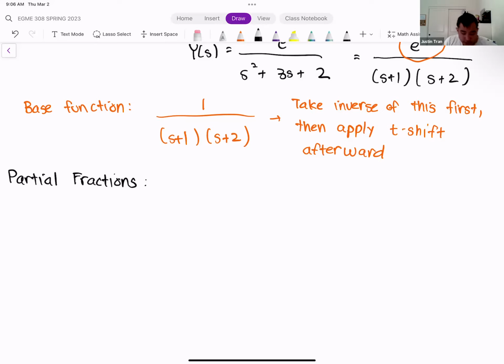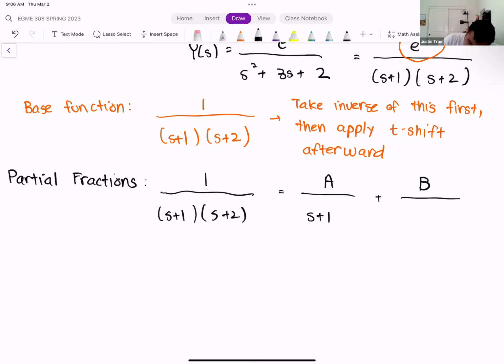Let's take partial fractions: one term with s plus 1 and another term with s plus 2.